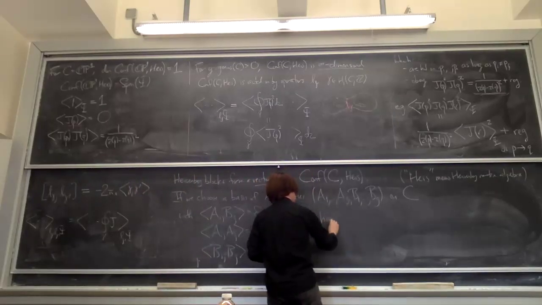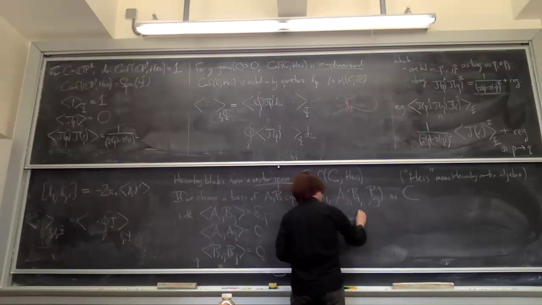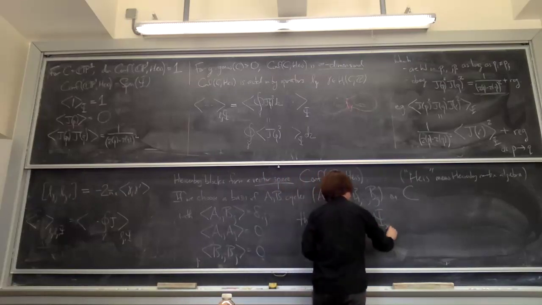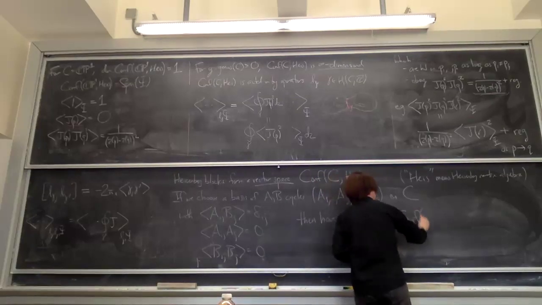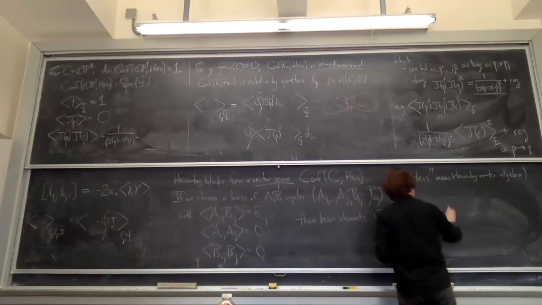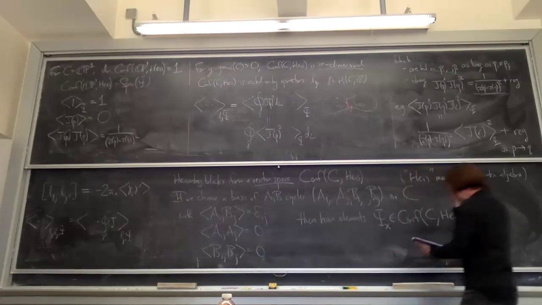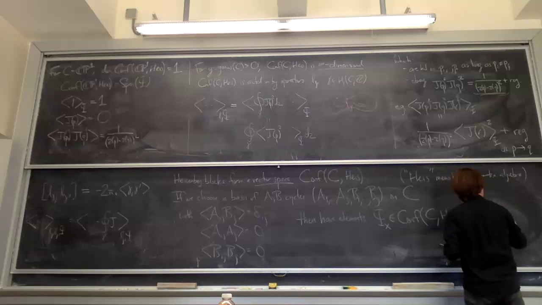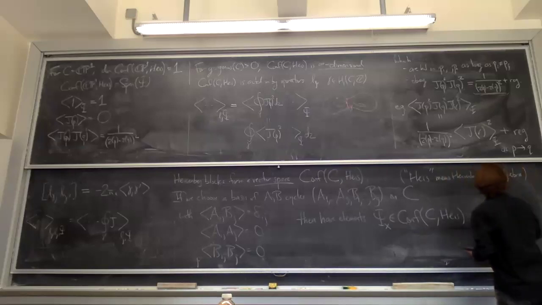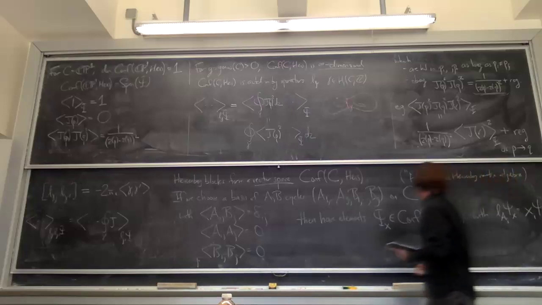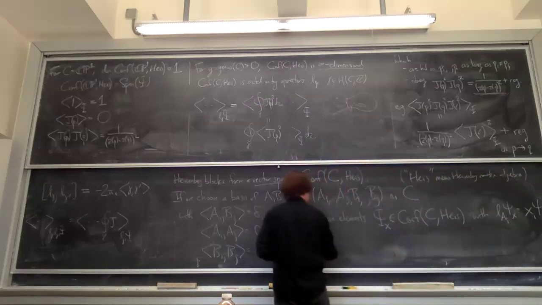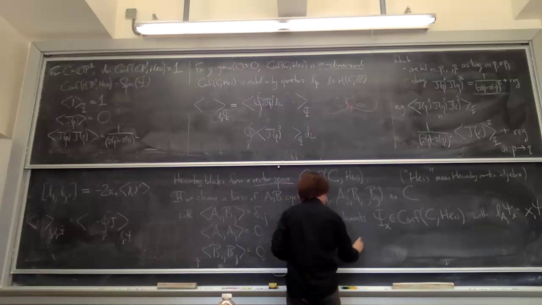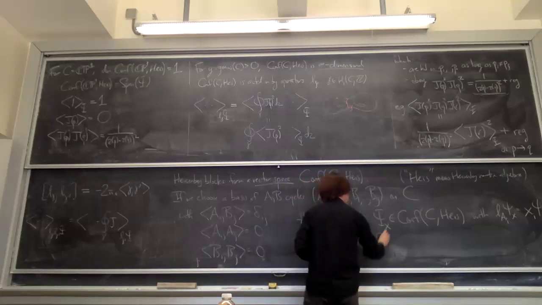So then we have elements, all right, psi x in the space of conformal blocks, which have these A_i operators diagonalized with eigenvalue x_i, where x is x1 up to xg in C^g.